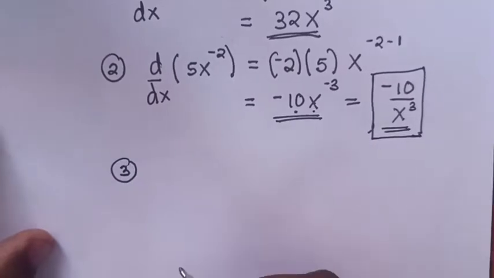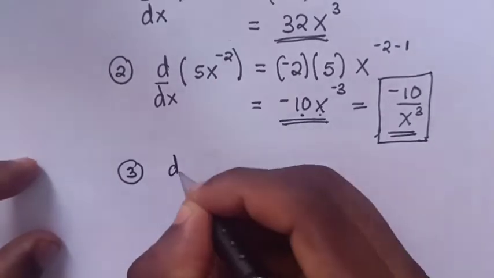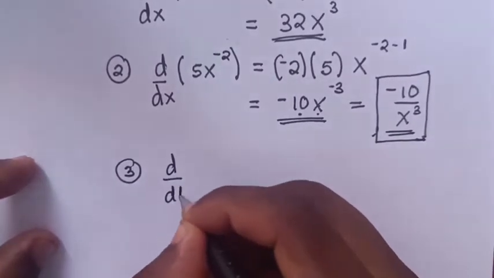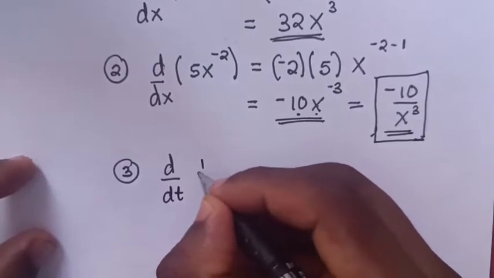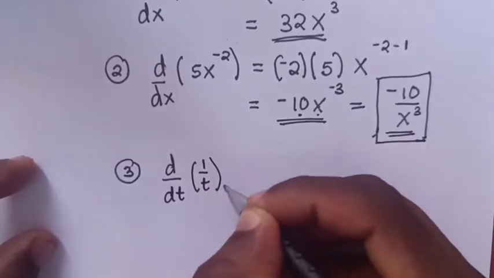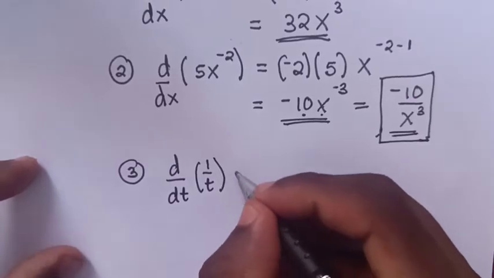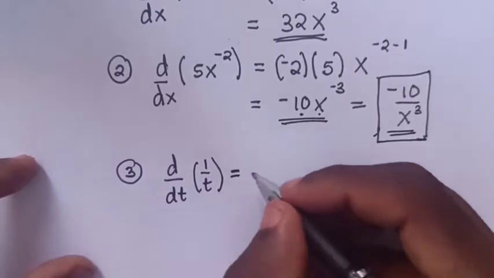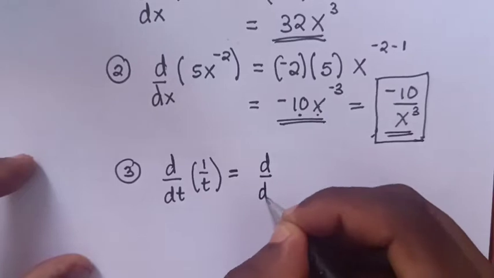Okay, now let's go to example 3. Hope example 2 is clear. Example 3 is the derivative of 1 over t with respect to t. Let's put this in terms of exponent.